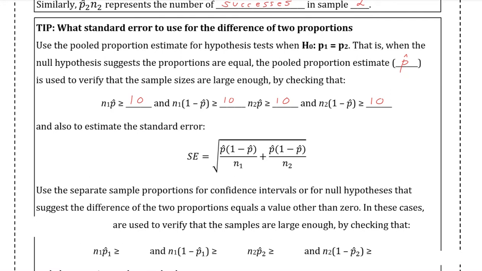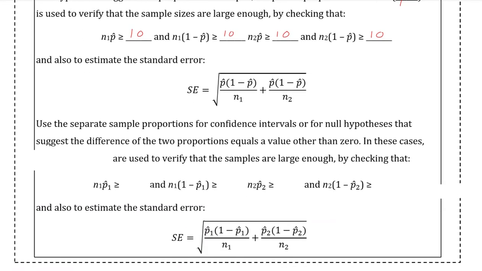However, we will use separate sample proportions for confidence intervals or for the null hypothesis that suggests that the difference of the two proportions equals a value other than 0. For example, maybe p sub 1 minus p sub 2 equals 0.2, indicating that the null hypothesis claims that p sub 1 has a higher proportion than p sub 2 by 0.2.